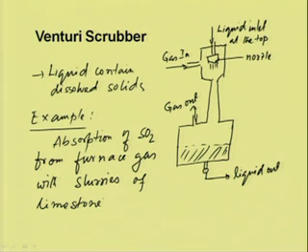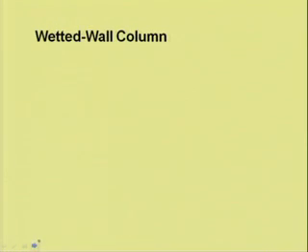Another equipment which is also very useful as a laboratory contactor is the wetted wall column. It is a vertical cylindrical tube in which the liquid is flowing as a film either outside of the tube or inside of the tube.